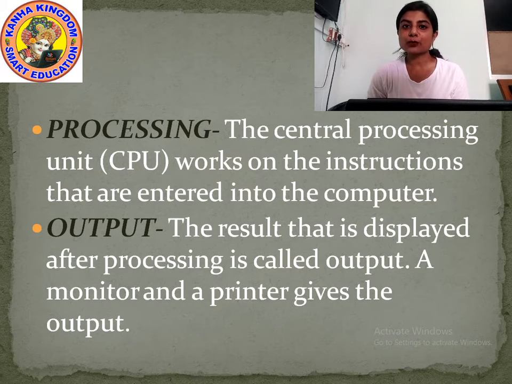The input that you have given into the computer needs to be worked on, or not? The computer needs to work on it. Then only you will get the result. Yes or no? And where does that working go on? It goes on inside the CPU, which is called the brain of the computer.